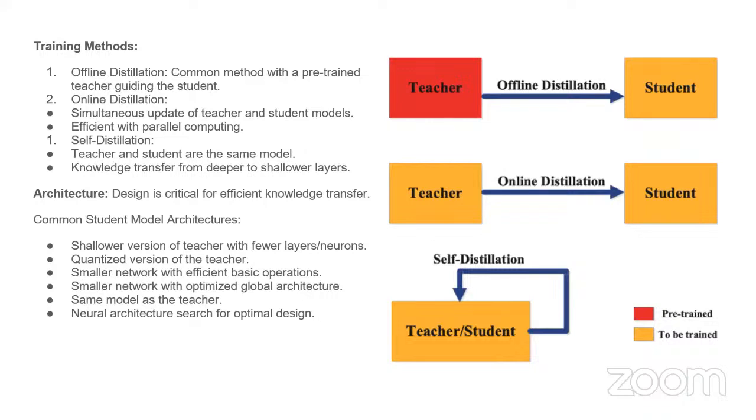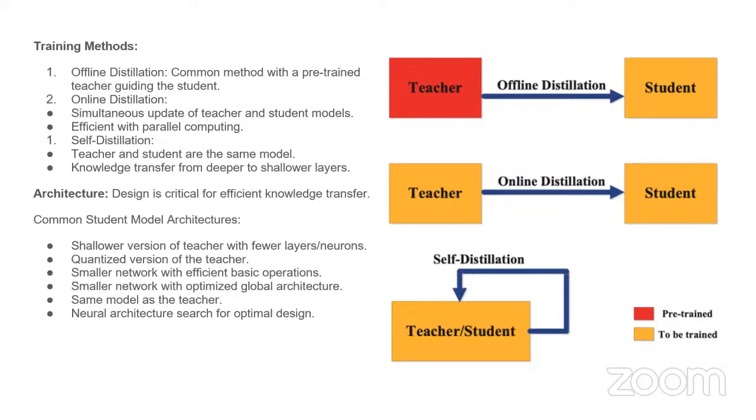There is offline distillation, the common method, with a pre-trained teacher guiding the student. Online distillation involves simultaneous updates of teacher and student models. It is efficient with parallel computing. Then there is self-distillation. Teacher and student are the same model. Knowledge is transferred from deeper to shallower layers.